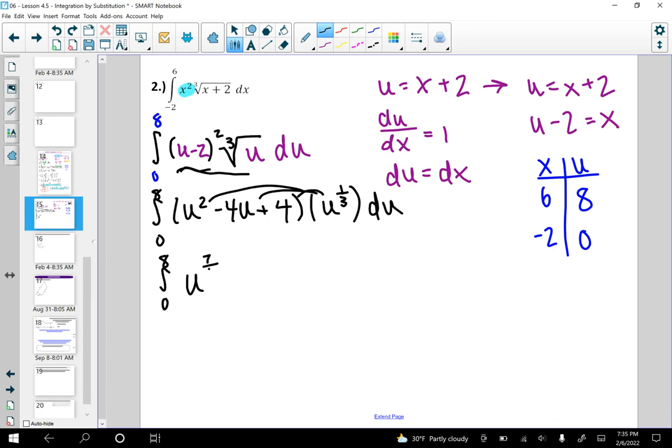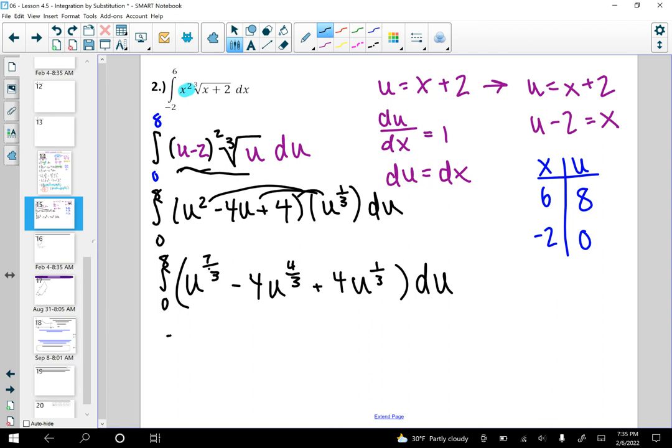Minus 4 u to the 4/3. 1 plus 1/3 would be 4/3. Plus 4 u to the 1/3 du.